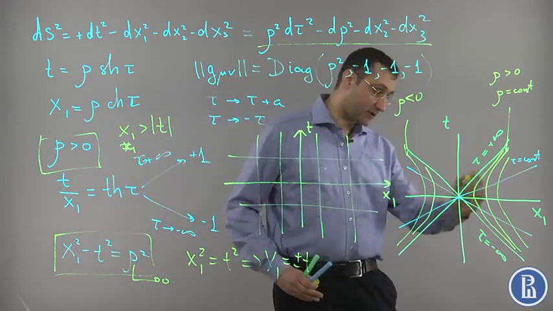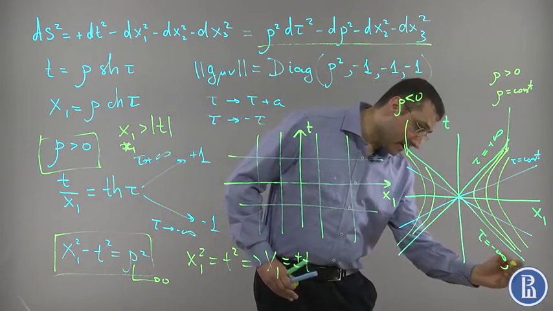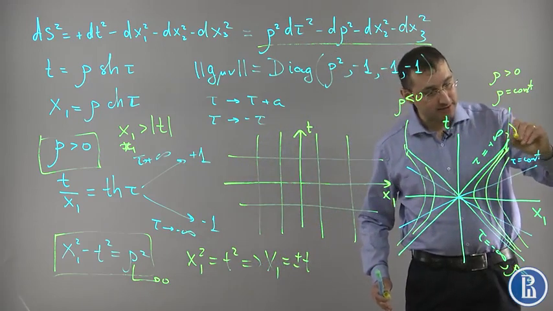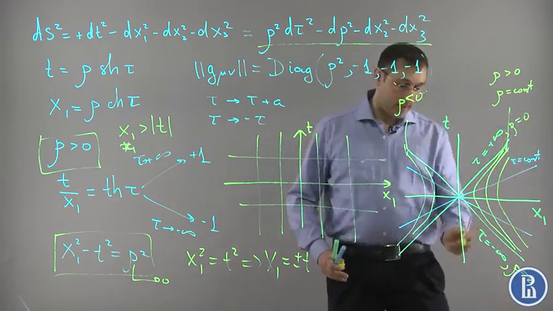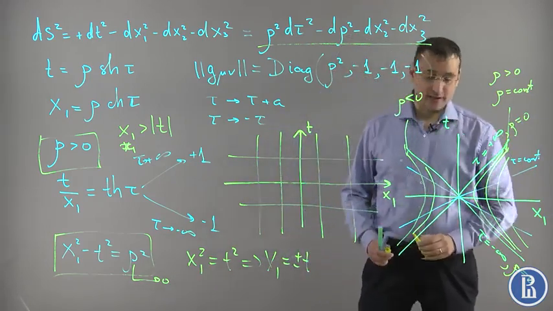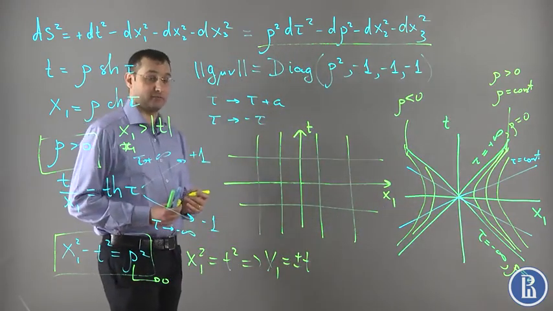So these lines correspond simultaneously to tau minus infinity and rho equals 0, and tau plus infinity and rho equals 0. Intermediate values of tau are here, intermediate values of rho are here. So we have this kind of strange coordinate system.